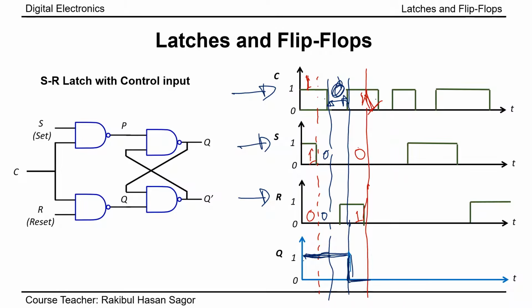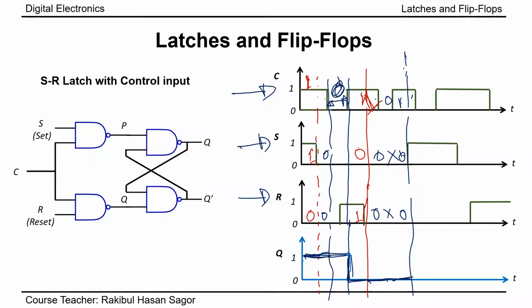Now here again we have control signal 1, but S is 0 and R is also 0. So for 0 0 input, it will hold the previous data. Now here again, control signal 0, we do not care about the inputs, it will hold the previous data. Now for this portion, control signal is 1, S is 0 and R is 0, so it will hold the previous data.